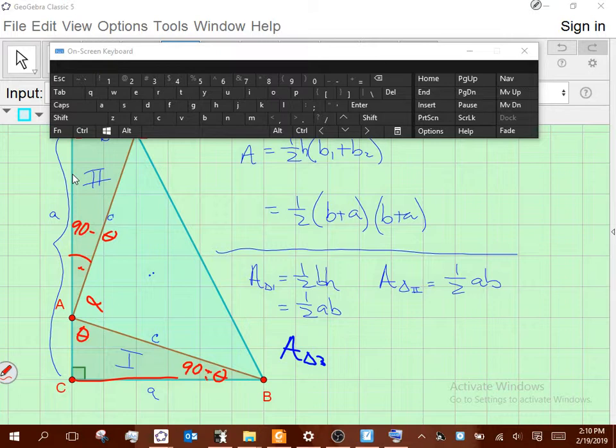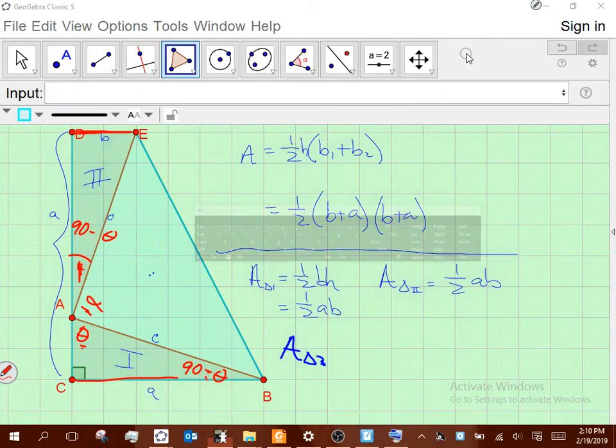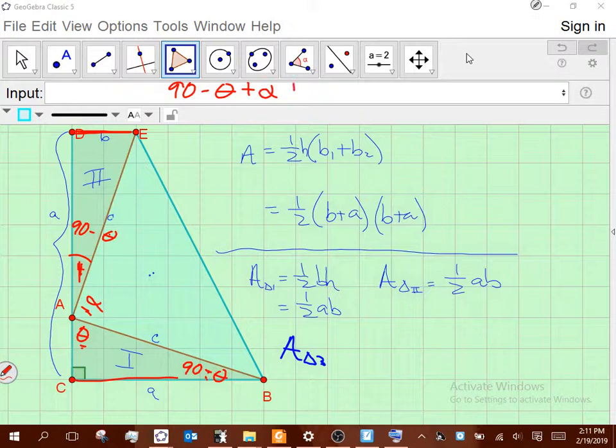What should this red angle here, this alpha, and this theta add up to? 180. So let's do it up here. We go, 90 minus theta, which is this one, plus alpha, plus theta, should equal 180. What happens to these two thetas?